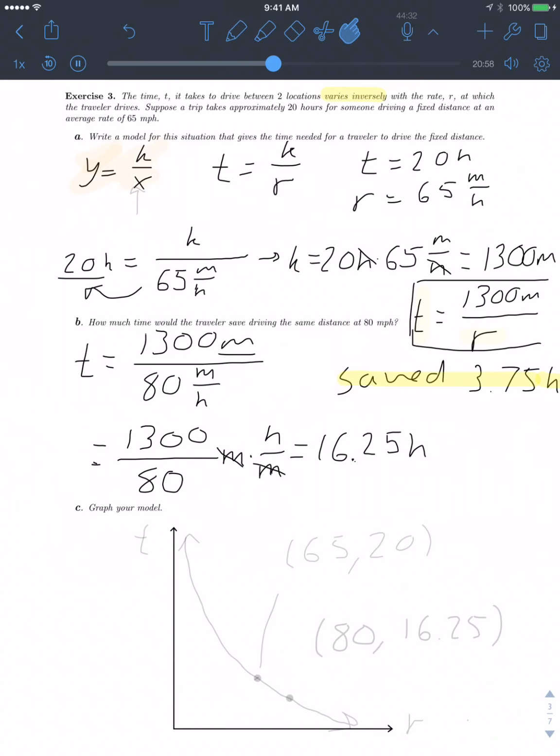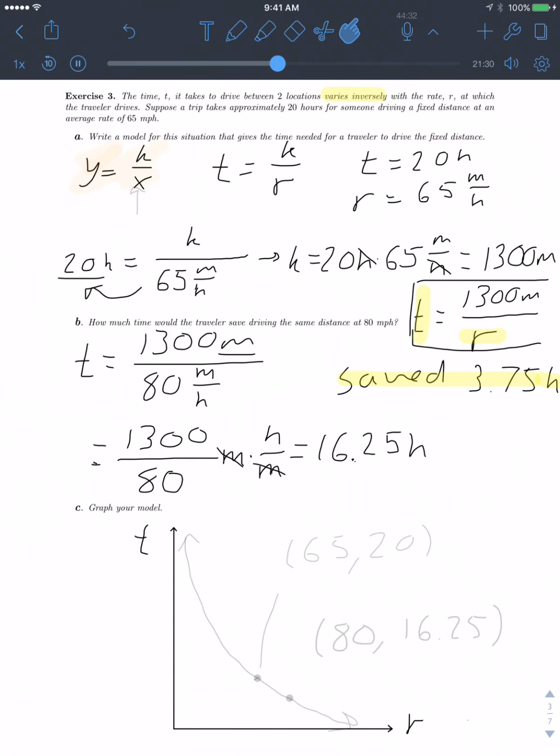Now, referring back to our model, we said that we wanted the independent variable to be the rate. So as we let the rate vary, what happens to t, the time that it takes to make a given trip? That means that when we're labeling our axes here in part C, we want the rate to be the horizontal axis, and we want time to be the vertical axis.